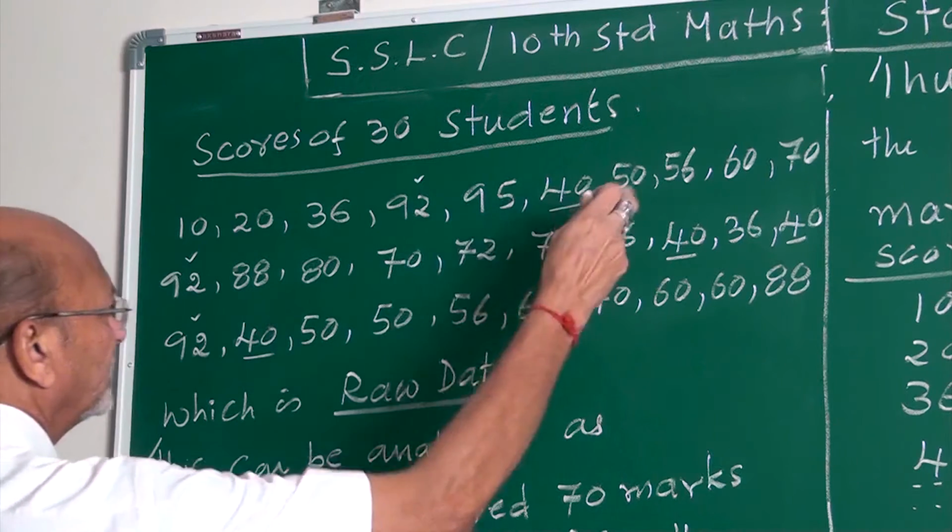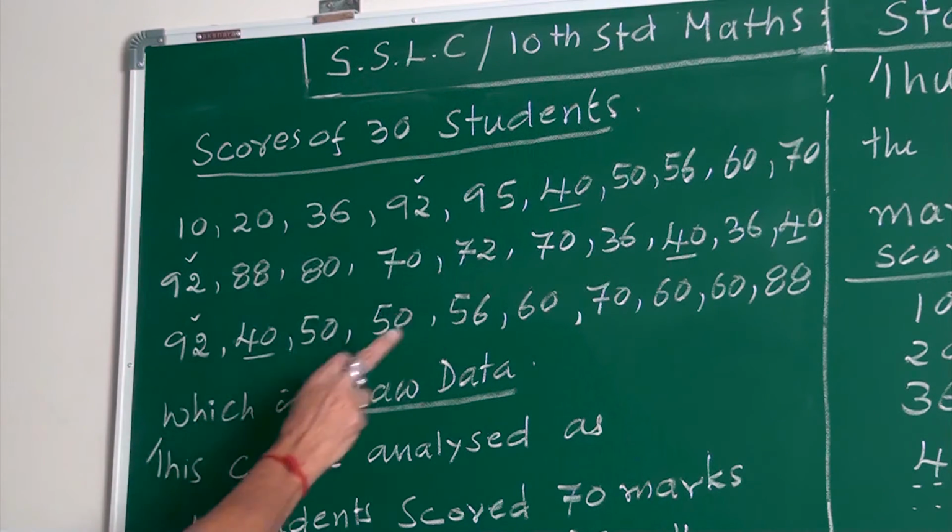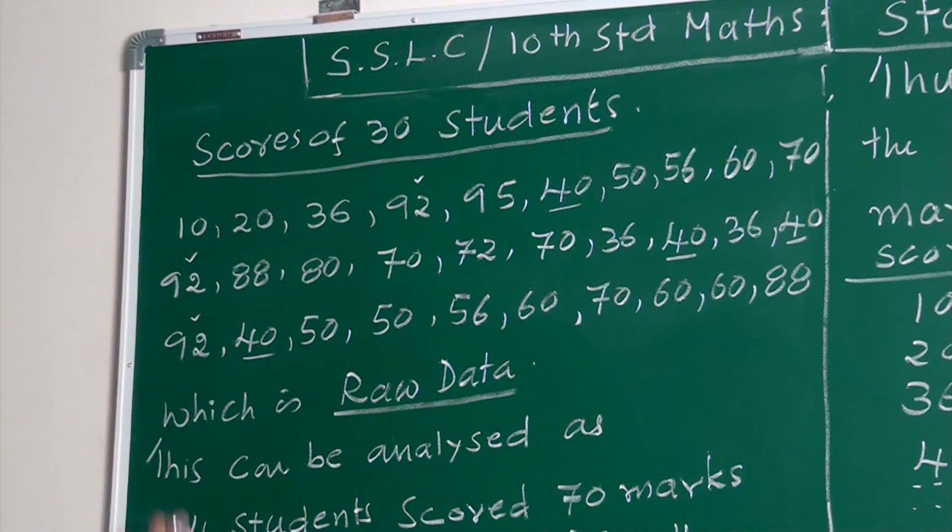In a row there are 10 students. How many rows are there? 3 rows. It means it is scored by 30 students in a maths test.